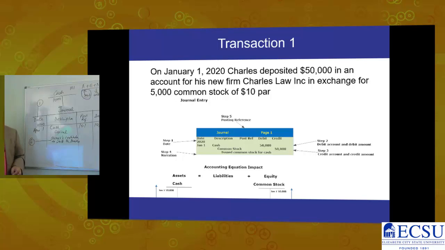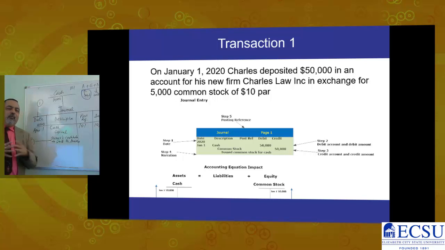On January 1st, 2020, Charles deposited 50,000 in an account for his new firm, Charles Law Incorporated, in exchange for 5,000 common stock of 10 par. So now this is just information that you need to know. Common stock is always divided in terms of a par stock or a no par value stock.